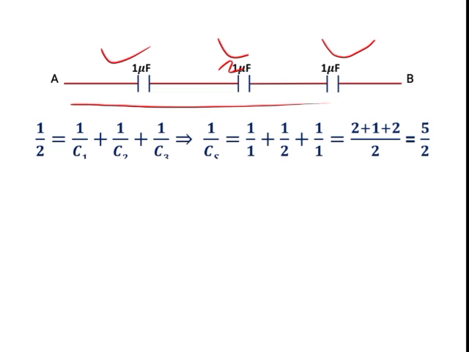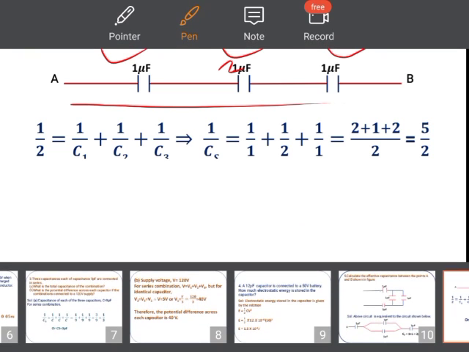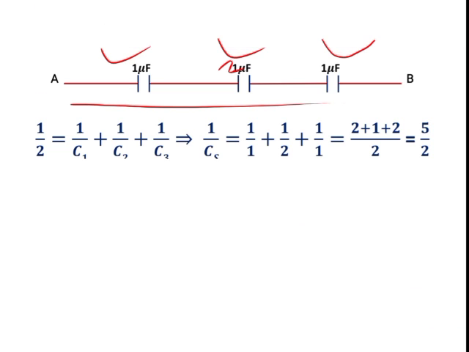But here C2 value is 2, so 1 by 2. So 1 by Cs is equal to 1 by 1, since C1 is 1, plus 1 by 2, since C2 is 2, plus 1 by 1, since C3 is 1 again. Take the LCM and simplify.